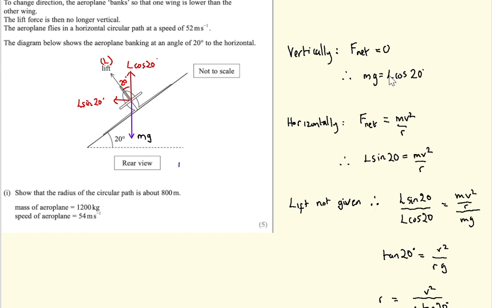One, find L from looking at the vertical, and then use that looking at the horizontal to find the radius. And note particularly that vertically the net force is zero, that is Newton's first law, and horizontally the net force is a finite value, so there is a resultant, and that's Newton's second law.